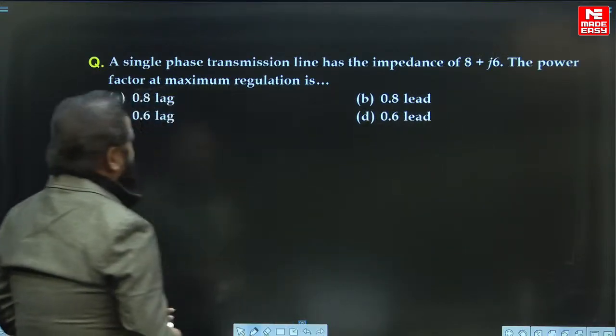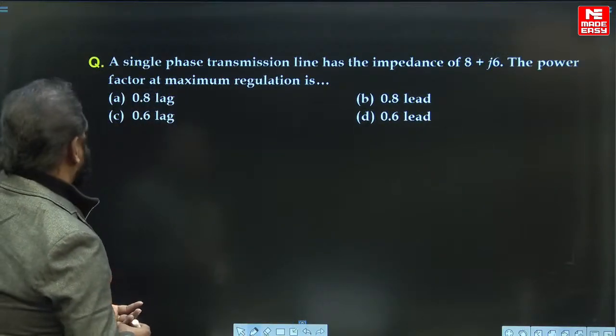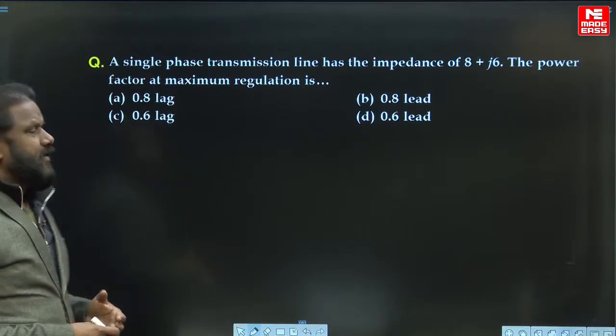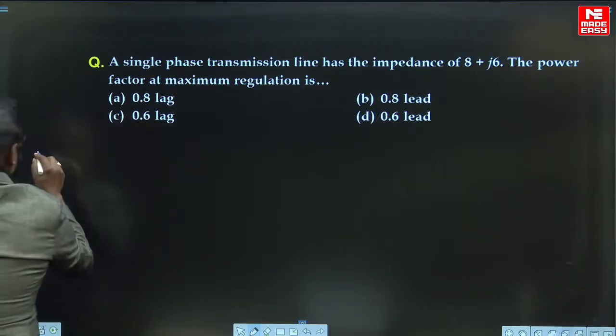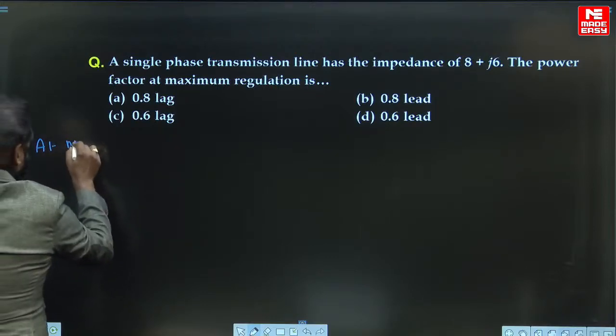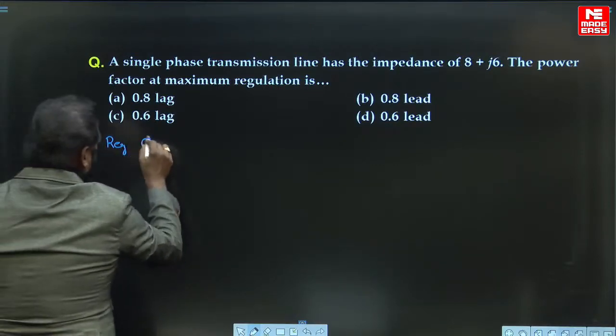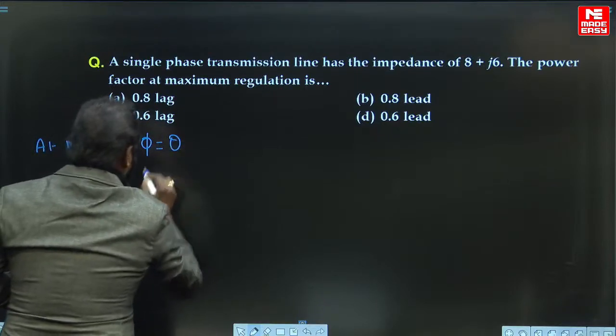Next is a single phase transmission line with impedance of 8 plus j6. The power factor at maximum regulation is? At maximum regulation, what is the condition? Phi equals theta.